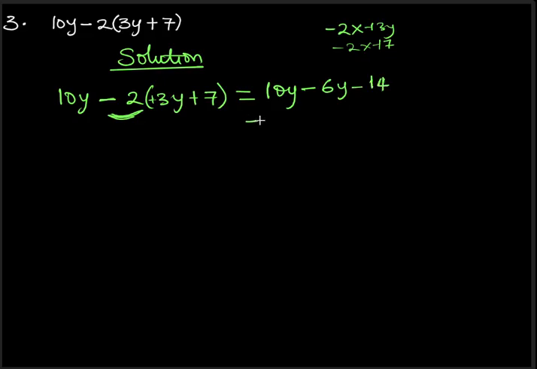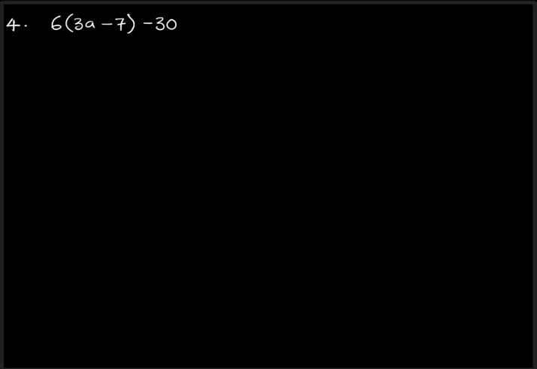Now, I think the like terms are already together. 10y minus 6y will give us 4y minus 14. Okay, so we'll move to the next question.